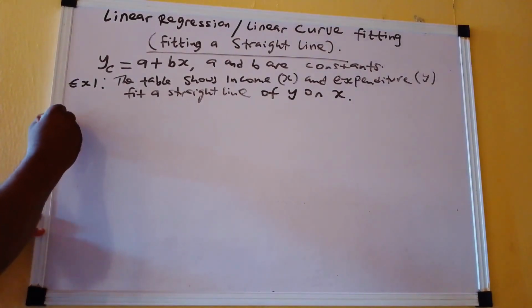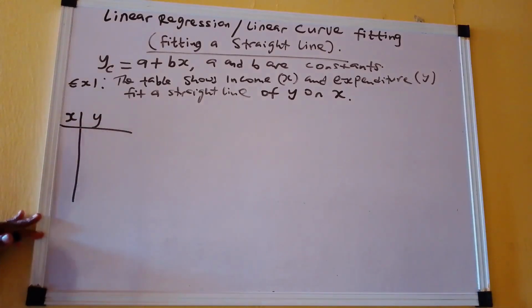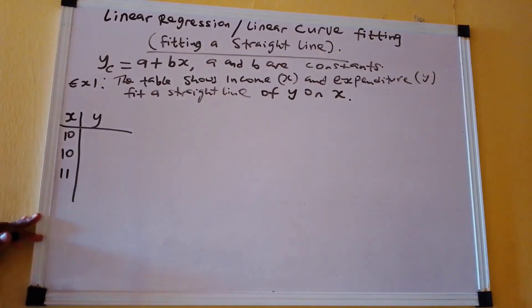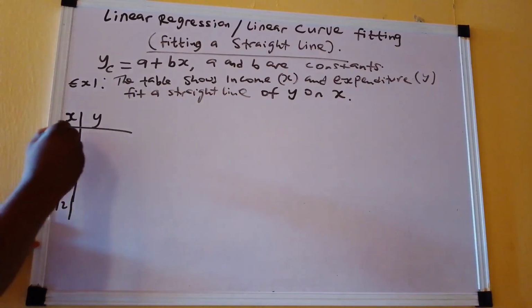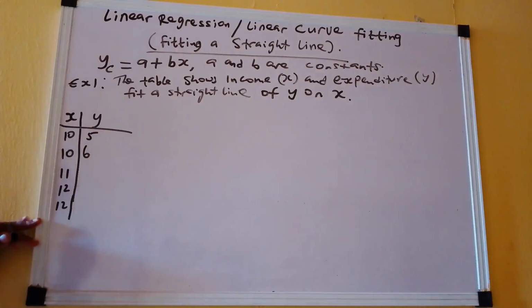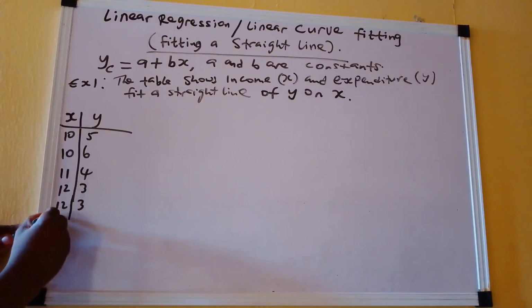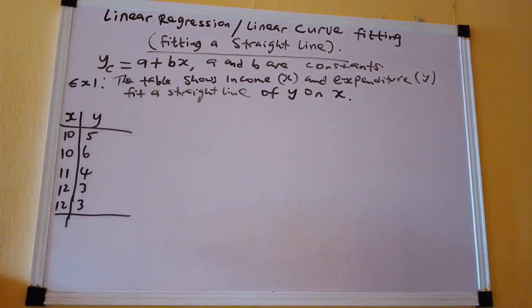So now, permit me to write out the data. We have our X, we have our Y. For the X, we have 10, 10, 11, 12, and 12. Then for the Y, we have 6, 5, 4, 3, and 3. Now in statistics or numerical analysis, there is what we call visual inspection.